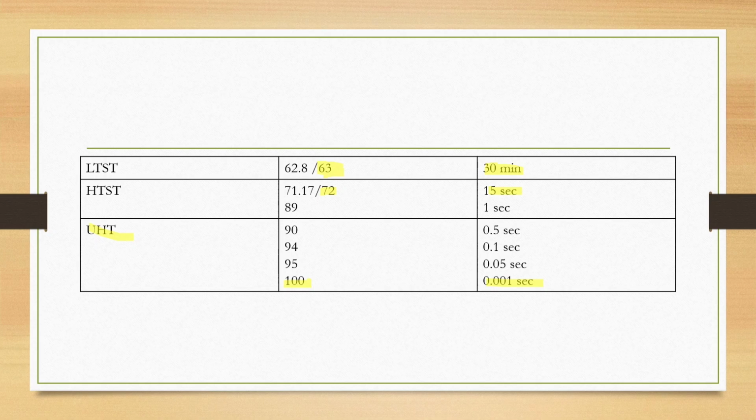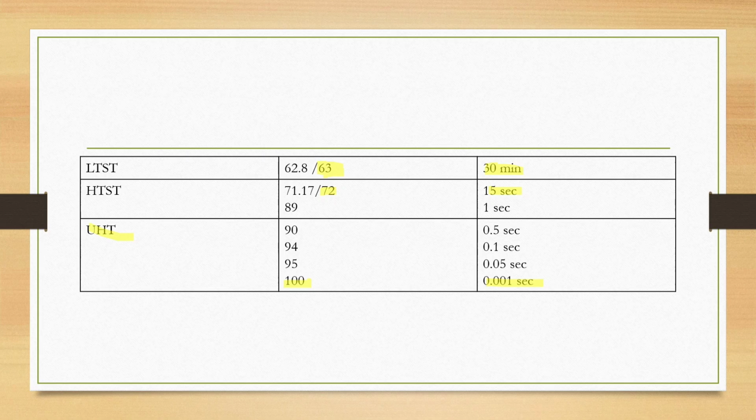Note down the highlighted points. They are very important. At such a time and temperature combination, both the Mycobacterium tuberculosis and the phosphatase enzyme are destroyed.